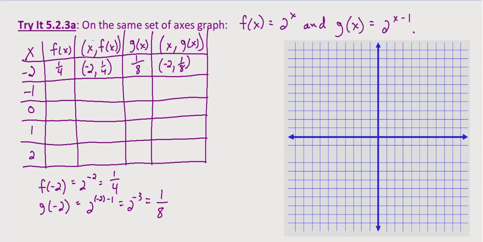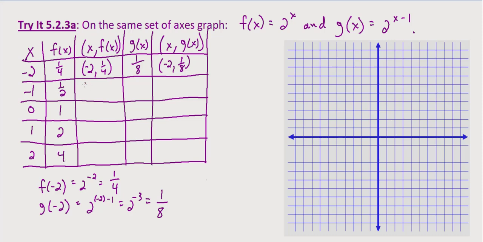is going to be 2 to the negative 1 for x equals negative 1, so that's going to be 1/2. At 0, it's 2 to the 0, which is just 1. At 1, it's going to be 2 to the 1, which is just 2. And at 2, it's going to be 2 to the 2, which is 4.